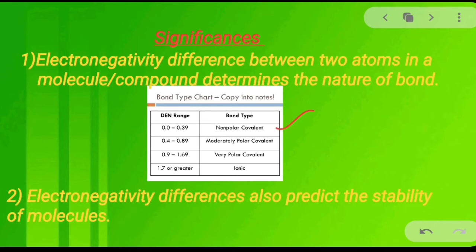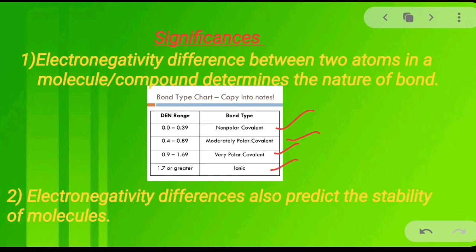If the value is 0.4 to 0.89, the bond present is a moderately polar covalent bond, or you can say it is a polar covalent bond. If the value is 0.9 to 1.69, then the covalent bond is a very polar covalent bond. And if it is 1.7 or greater than 1.7, the bond formed is an ionic bond.